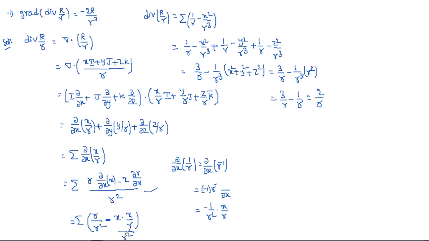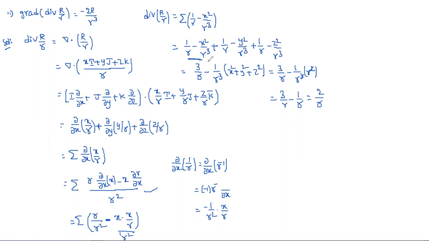And 1 by r square into r is nothing but 1 by r, and next x into x is nothing but x square by r cube. So here r, and here r square, r cube, and this is the derivative only for x. Now we are going to apply the derivative for y as well as z. We are just expanding the summation.